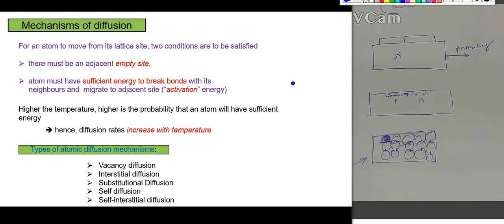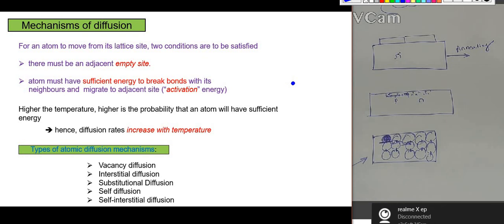Another condition is that the atom must have sufficient energy to break the bond with its neighbors and migrate to adjacent sites. That is called activation energy.